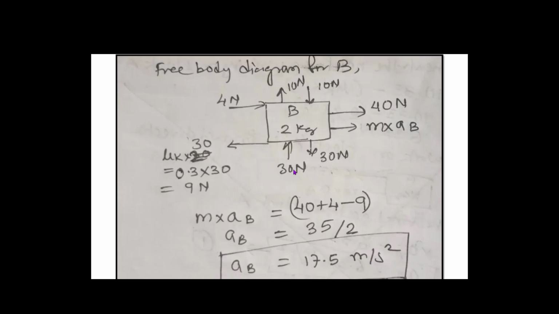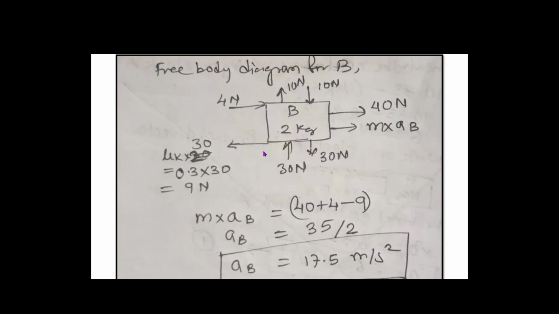So this is 9 Newton, which is between B and A, 4 Newton, which is between A and B. Both will be acting, but they are acting in opposite direction, right? So you will have to do the math, and you will understand that it is 40 plus 4, which are in one direction, and minus 9, so 35. So actually the block B will now move with 17.5 meter per second square acceleration.